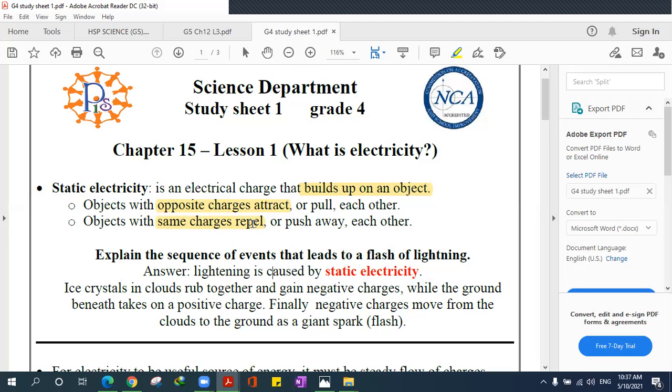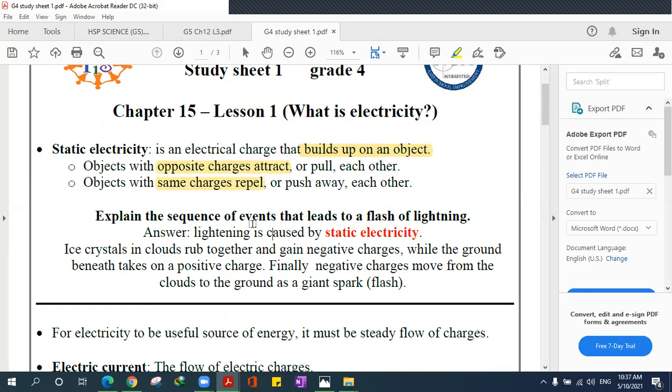If we have two charges that are the same, will they attract or repel? Do you guys remember? They will repel. Like if I'm having a balloon with positive charges on it and a piece of paper that also carries positive charges, do you think they will repel or attract?